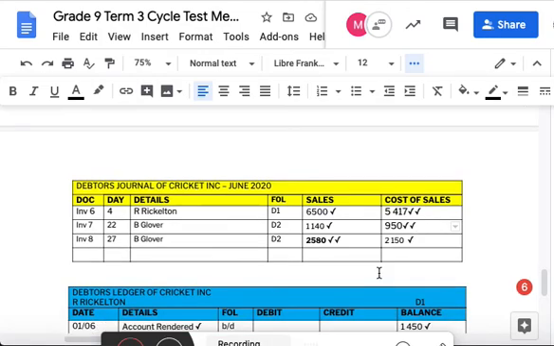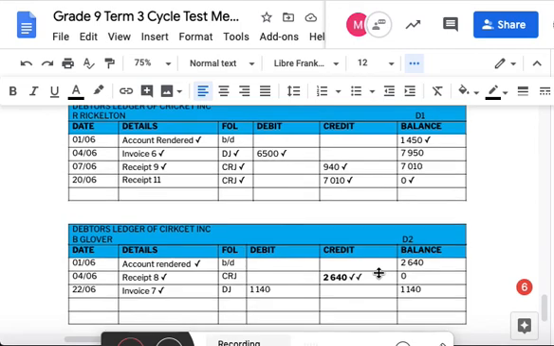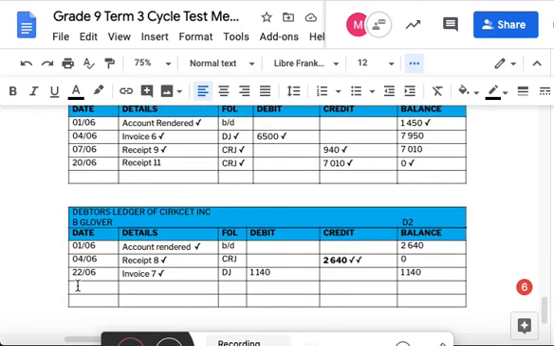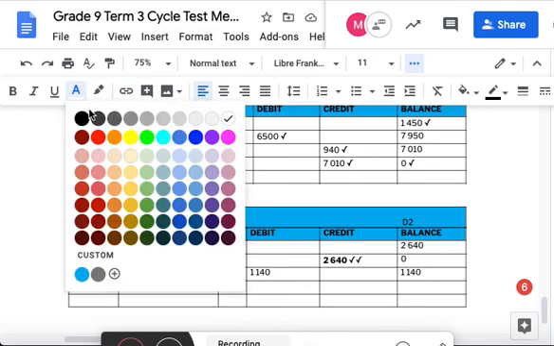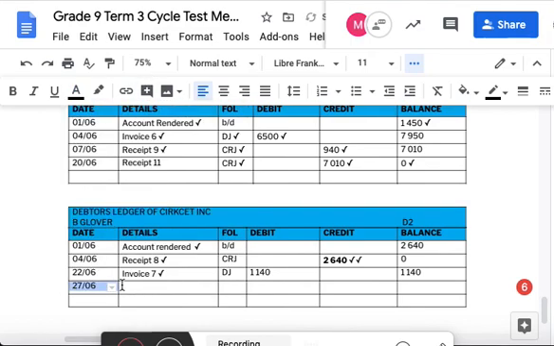Are we done yet? No. One more entry into Glover's debtors ledger. On the 27th, what source document? Invoice number 8. Where are we pulling the information from? The DJ, well done. And finally, are we debiting or crediting his account?